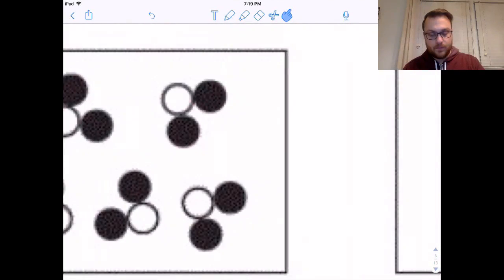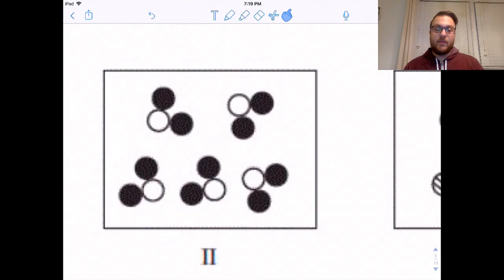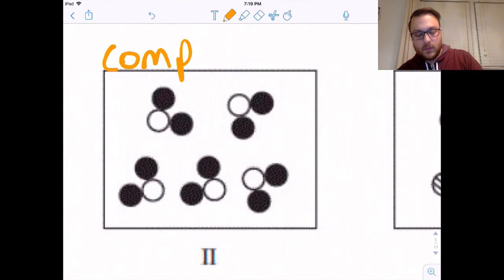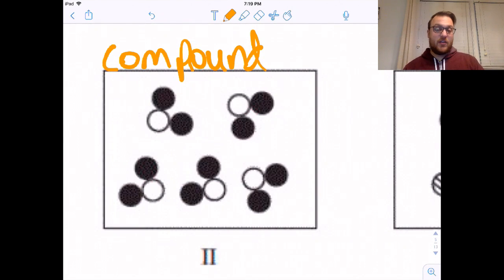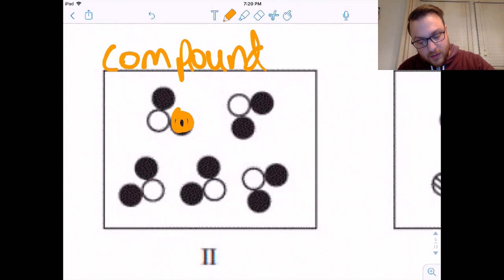All right, let's look at this diagram here. When I look at this diagram, I would classify it as a compound, and I would say that because they are two different things bonded together.